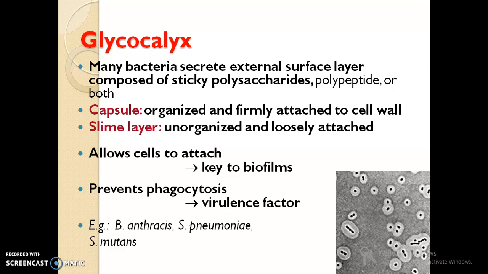So these are some important points when we study the glycocalyx, slime layer or capsules. Some examples of bacteria that generally form the glycocalyx layer are Pseudomonas pneumoniae, Streptococcus mutans or Bacillus anthracis.